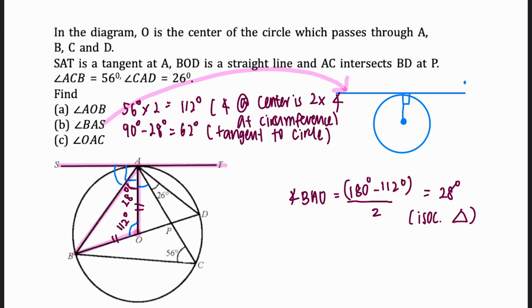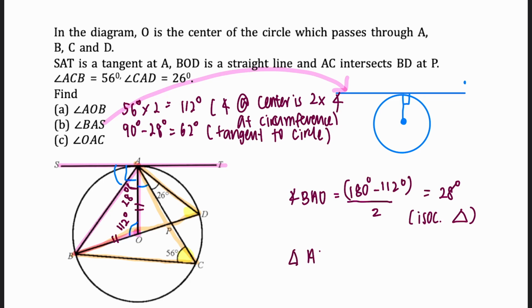Can we see that there is actually another isosceles triangle here? We can also use angle in the same segment. Can you see that you have this cut here? We can see that this angle here is actually equal to this angle here.